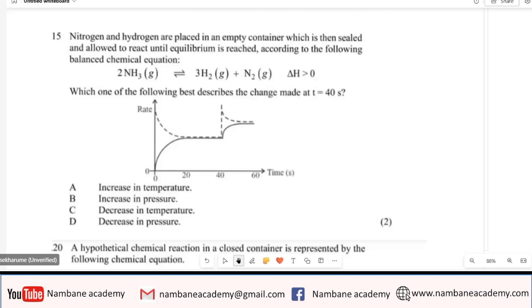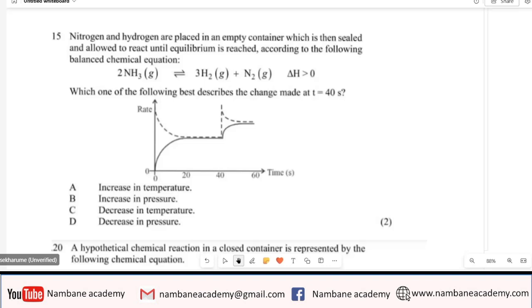Now, nitrogen and hydrogen are placed in an empty container, which is then sealed and allowed to react until equilibrium is reached, according to the following balanced chemical equation. Which one of the following best describes the change made at 40 seconds?